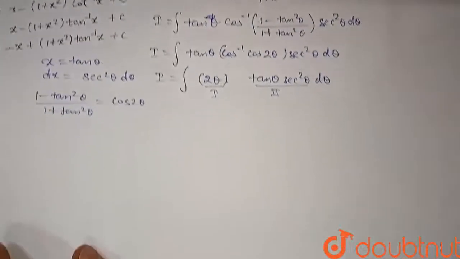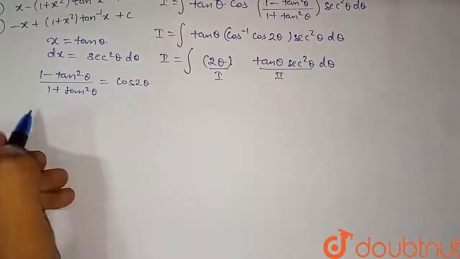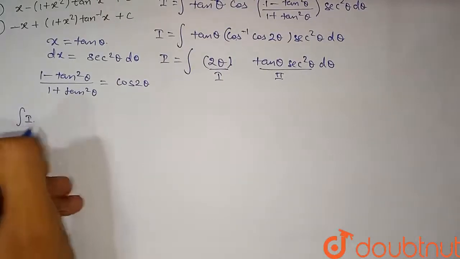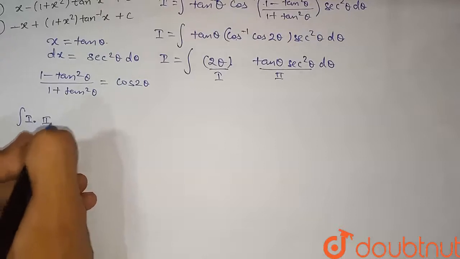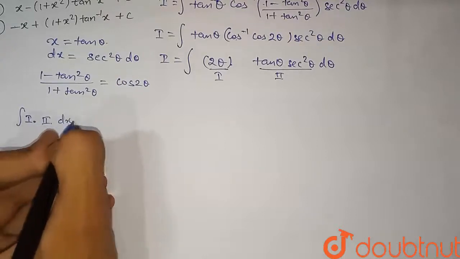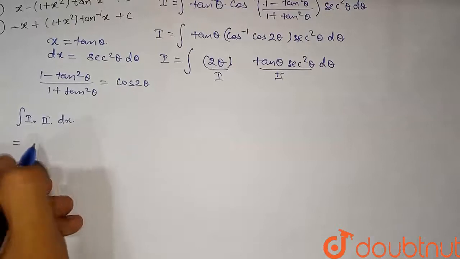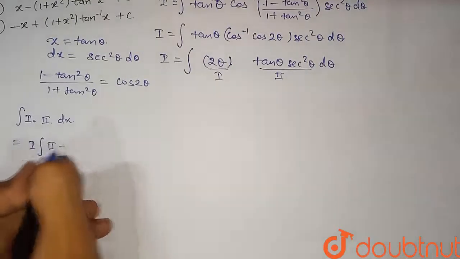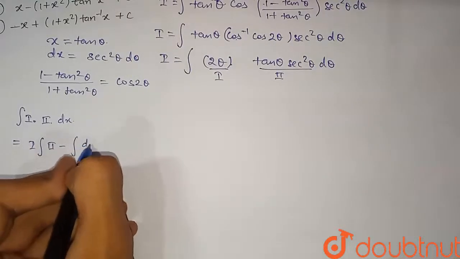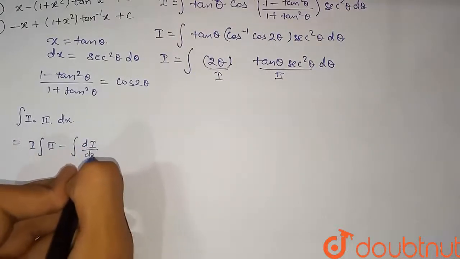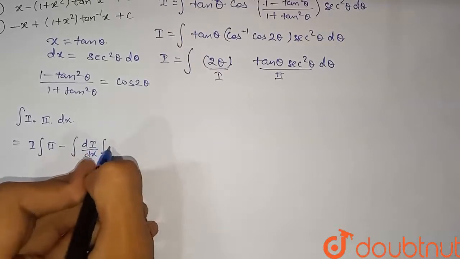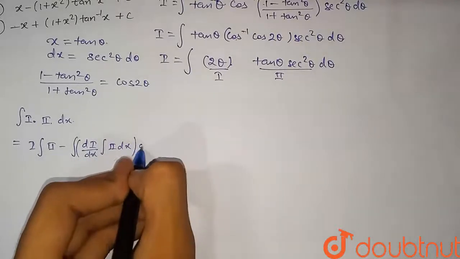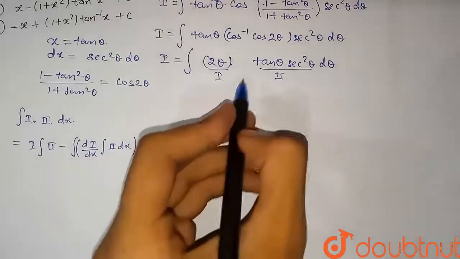The formula for the product rule is: integration of first function times second function dx equals first function multiplied by integration of the second function, minus integration of the differentiation of the first function, that is d first upon dx, times integration of the second function dx, whole dx. We will use this formula to get the integration.